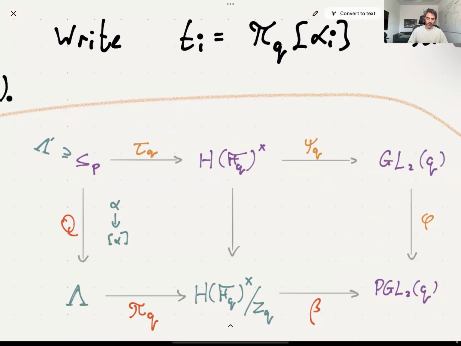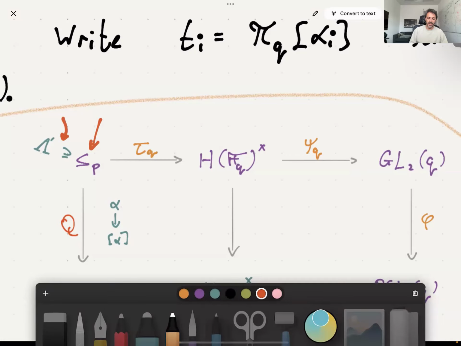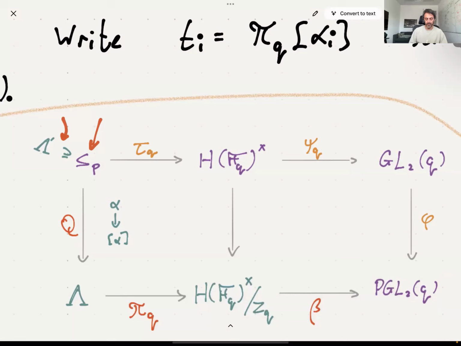So what we did was this: lambda prime sits here, and we show that, as we said, it's almost obvious that SP is a subset of lambda prime. So the first thing we did in order to define the graph Y was to use our projection map that we just saw.